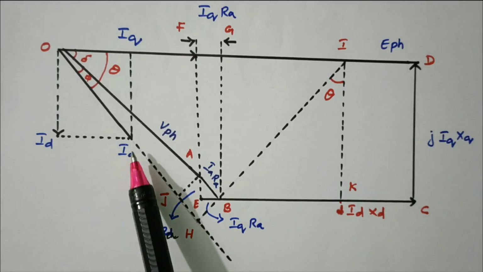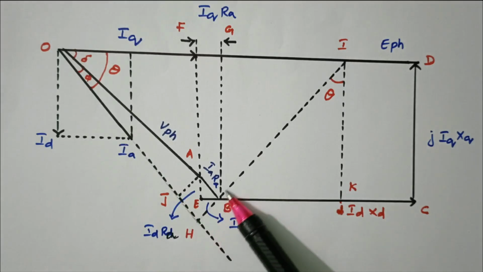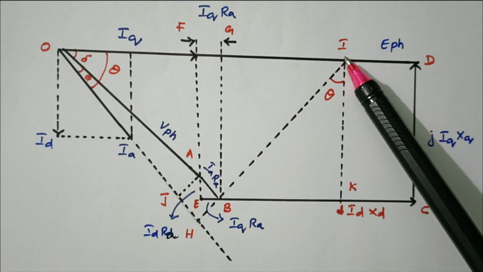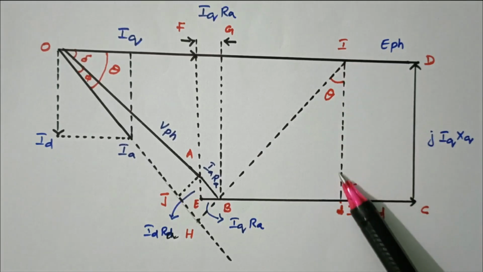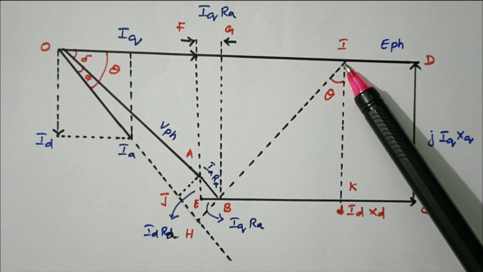So now we extend the Ia line. This dotted line, the Ia line, is extended, and it is drawn where it meets the resultant EMF, this point I. From there you draw the perpendicular line that will give K. So through the point B we have drawn this line.